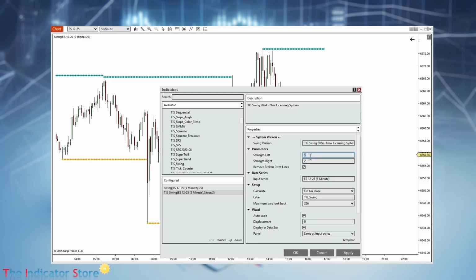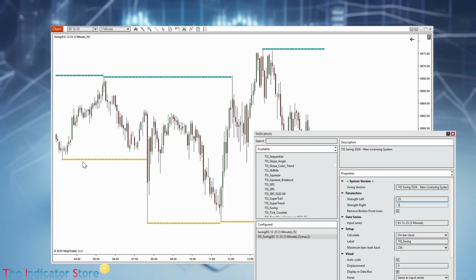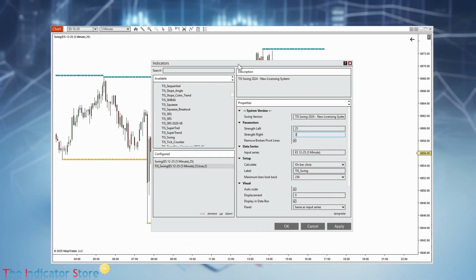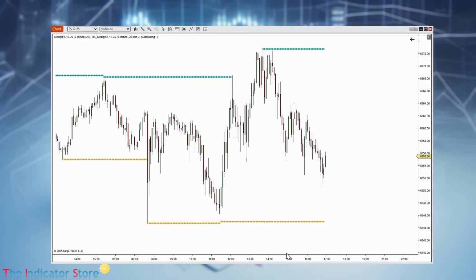And it has two parameters, strength to the left, strength to the right. For example, 25 to the left and just 2 bars to the right. And the remove broken pivots is what the swing is doing by default, because when the pivot is broken, it is no longer painting.